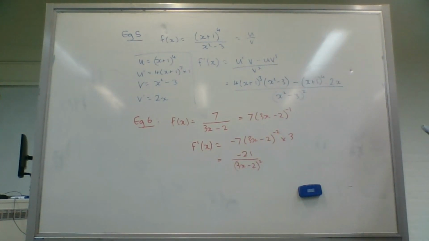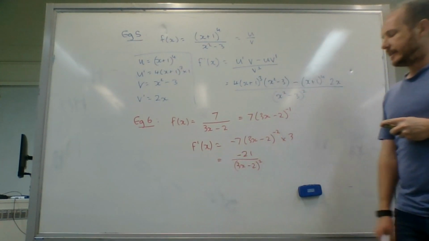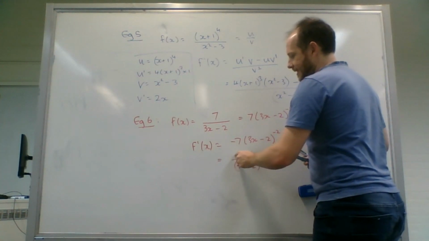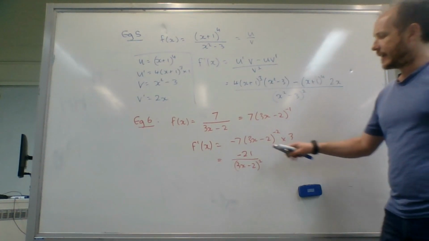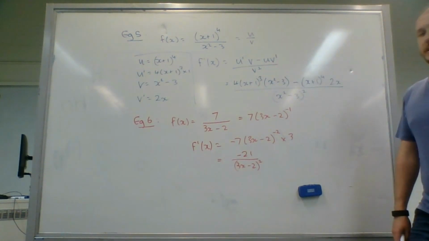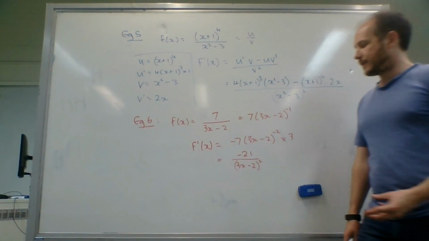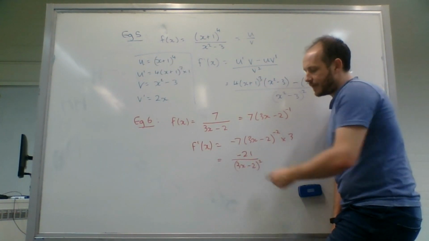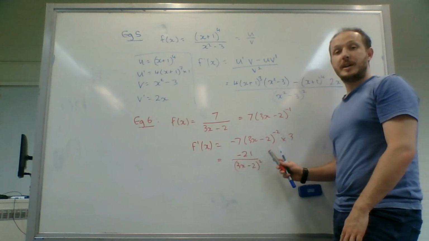Now for this function here, because its derivative has this negative sign here, this function will have a negative slope for all values of x, because on the bottom line we can see it's squared. So no matter what value of x we put in here, the slope will always be negative.